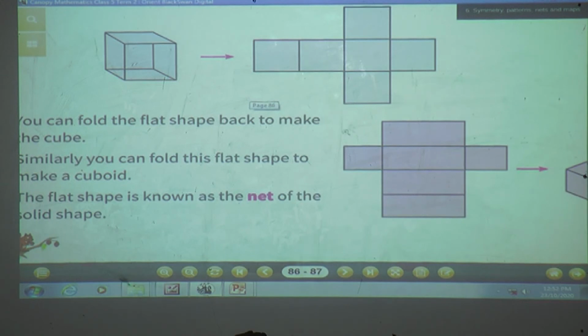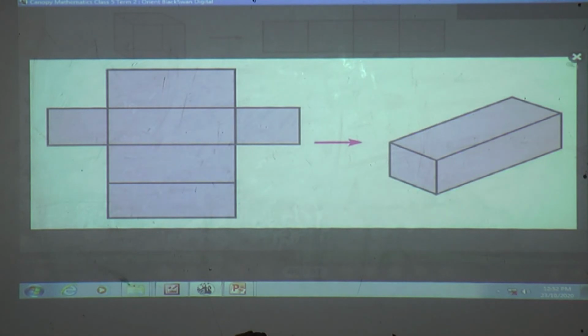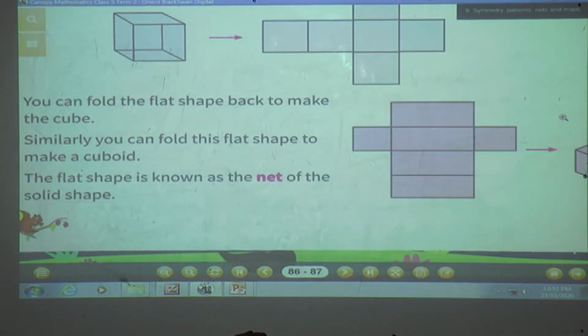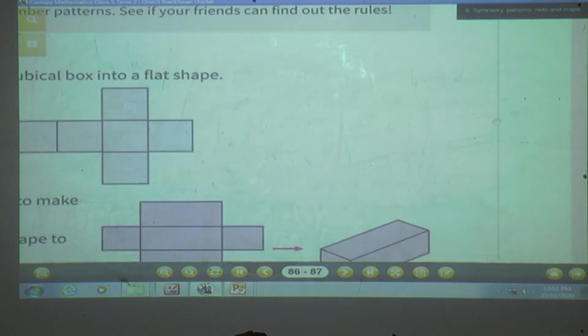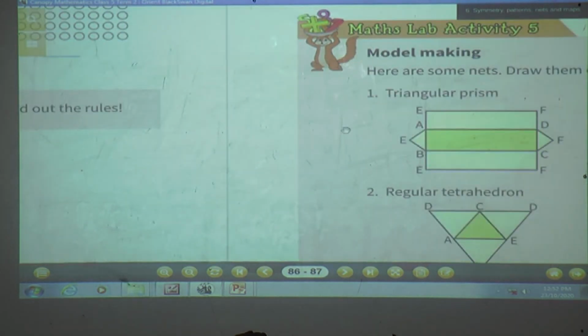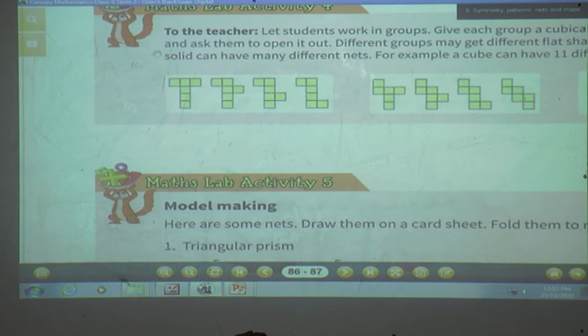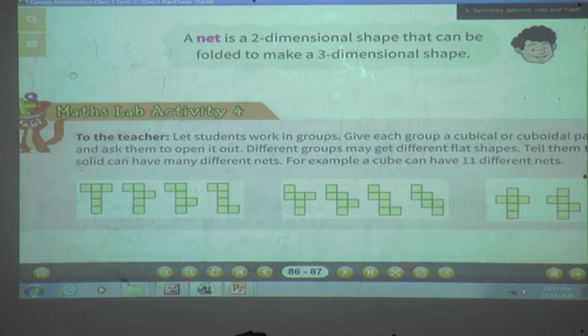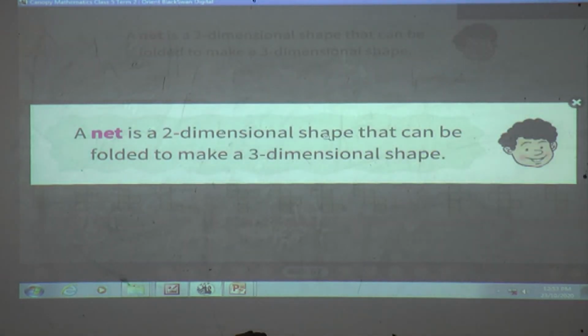Now students, see the next page, page number 87. A net is a 2-dimensional shape that can be folded to make a 3-dimensional shape. This is the definition of a net.